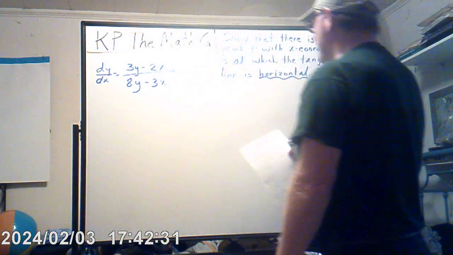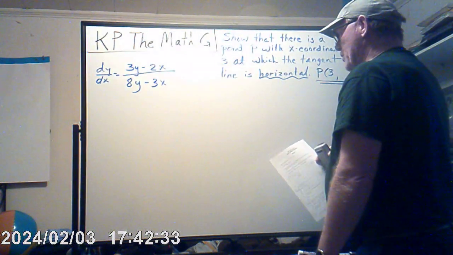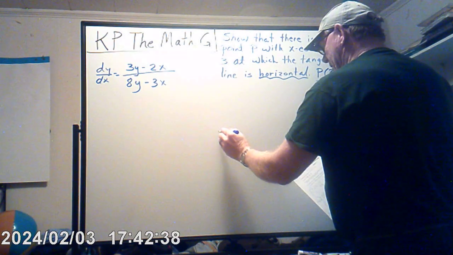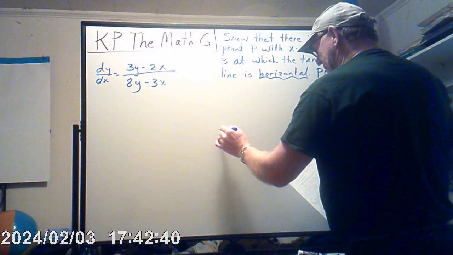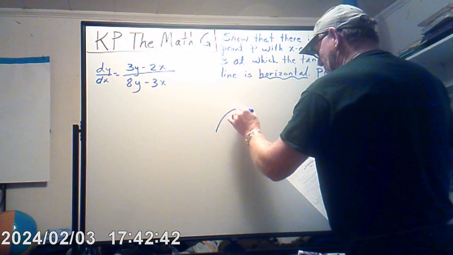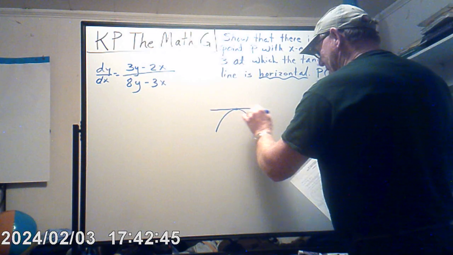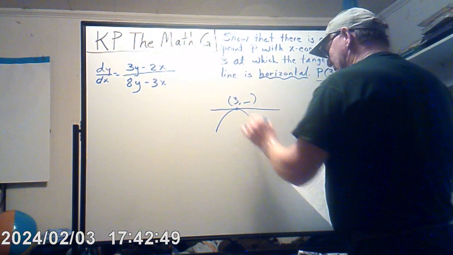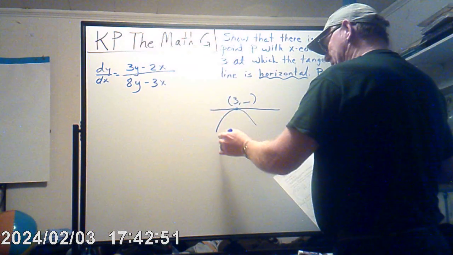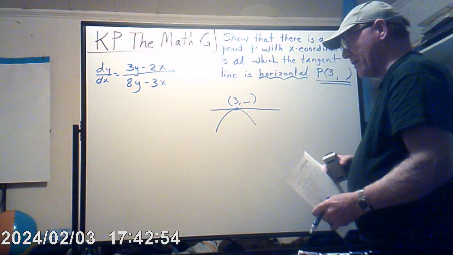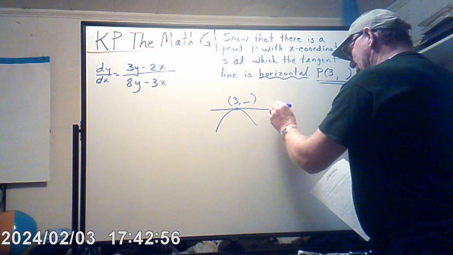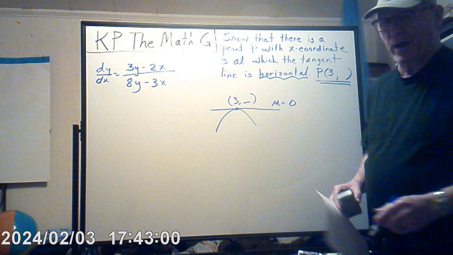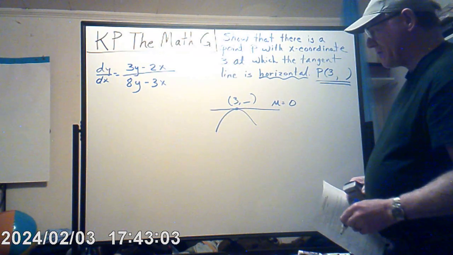Now, let's say maybe this is point P and there's a line going through there. That point is 3 comma something, and it is tangent to the curve. It's horizontal. That means that the slope is equal to 0. So if it's horizontal, we know that.